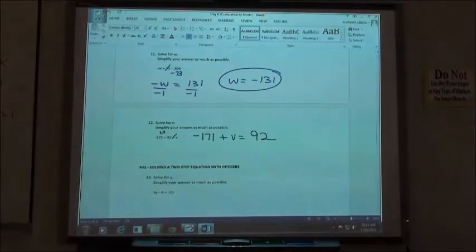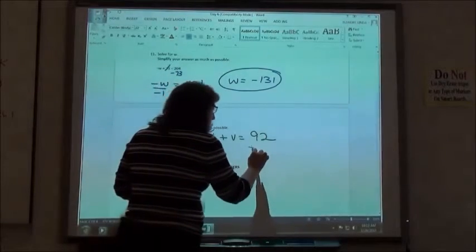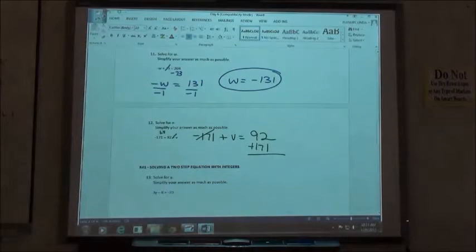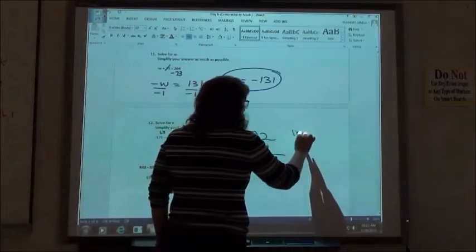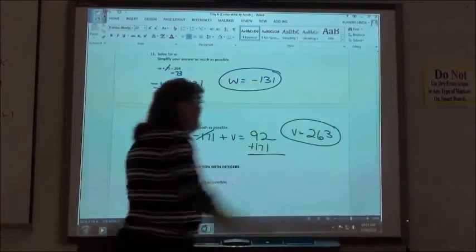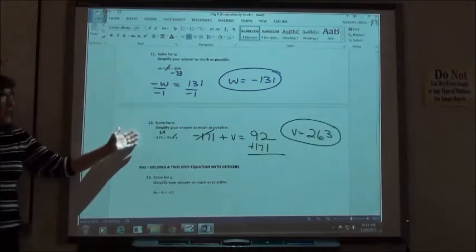If I have negative 171 plus v equals 92, to solve it for v, I would add my 171. And so 92 plus 171, 263 would be my answer then. So, either one of these ways work.